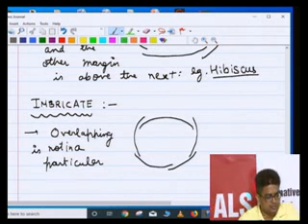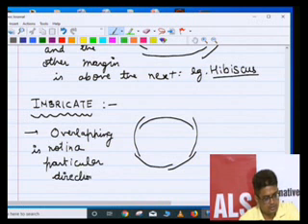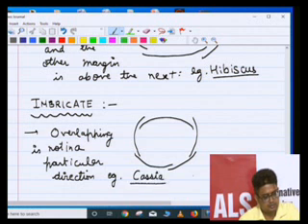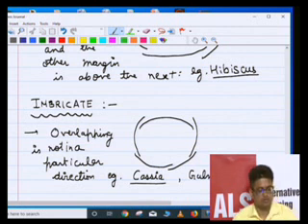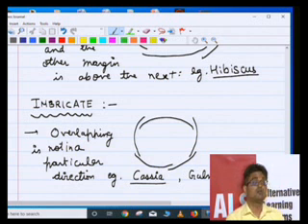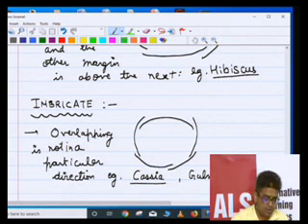This is the net result. Example, Cassia. Another example is Gulmohar. The botanical name of Gulmohar is Delonix regia.